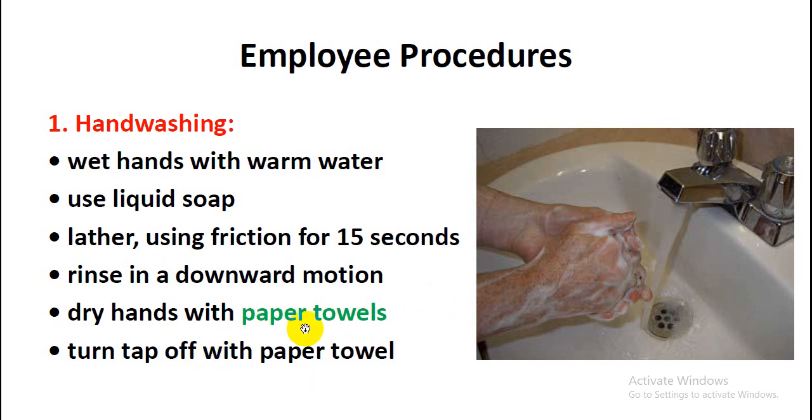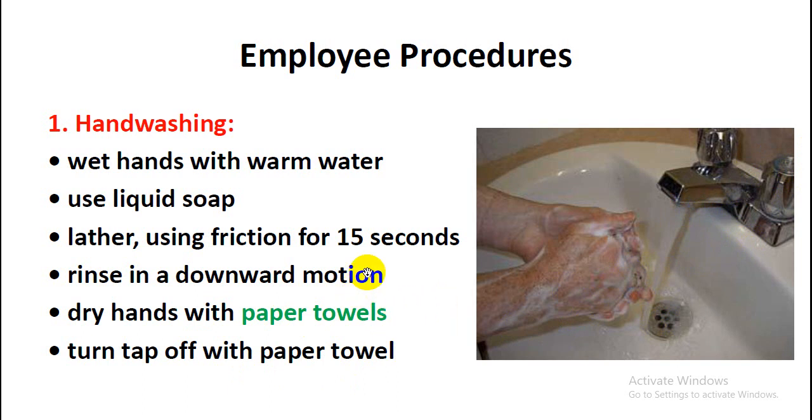Using disposable paper towels is also a good idea, but other types of towels like cloth towels should not be used here, because they will be contaminated with a lot of germs. Then turn off the tap with the paper towel. Otherwise, if you are using a sensor tap, it will close automatically without any mechanical action.